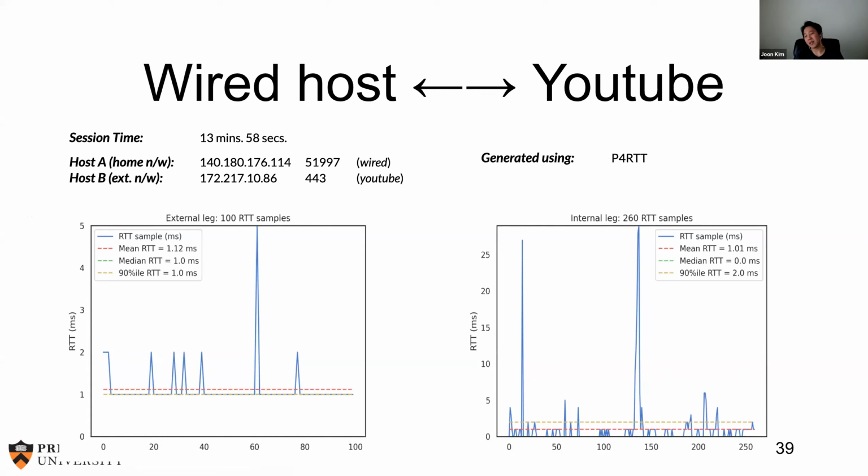But the x-axis here is just the enumeration of samples. I think Sada, who's a PhD student, is the one who produced these. He can correct me if I'm wrong, but I believe the x-axis is just the enumeration of the RTT samples. Yes, that's correct. Those are just samples.